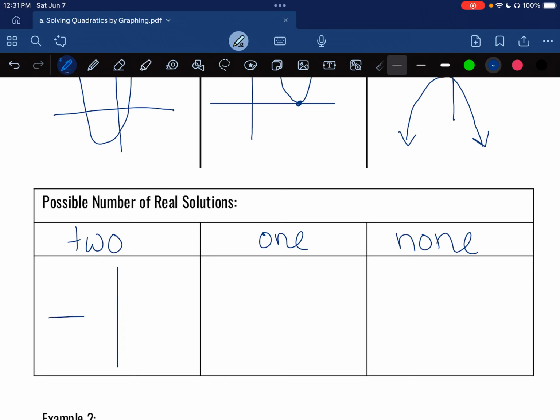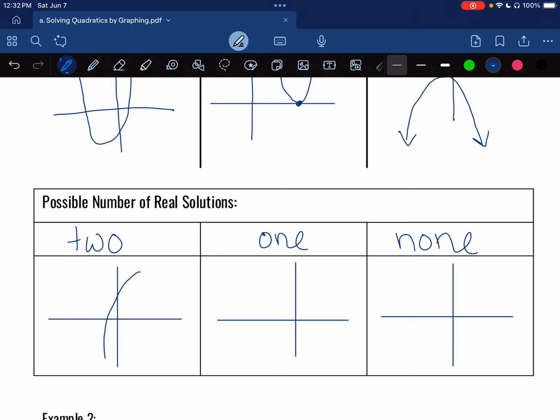So don't think you have to just copy my sketch here. You guys are brilliant minds. You can come up with your own examples. All right, so 2 solutions. It's going to have to cross at 2 points somewhere. So mine's going to look like this.